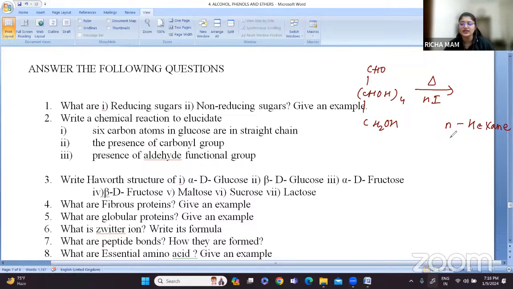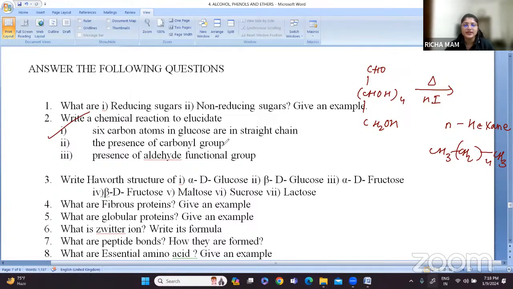That is CH3, CH2 four times, and then CH3. So this is the first reaction where we are showing the presence of 6 carbon atoms.